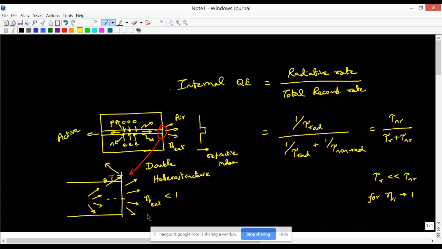Now, in our lectures we have seen that this fraction could be fairly low because you have a medium with a very high refractive index, and we saw that the fraction could be as small as a few percent, and that is not a good situation.